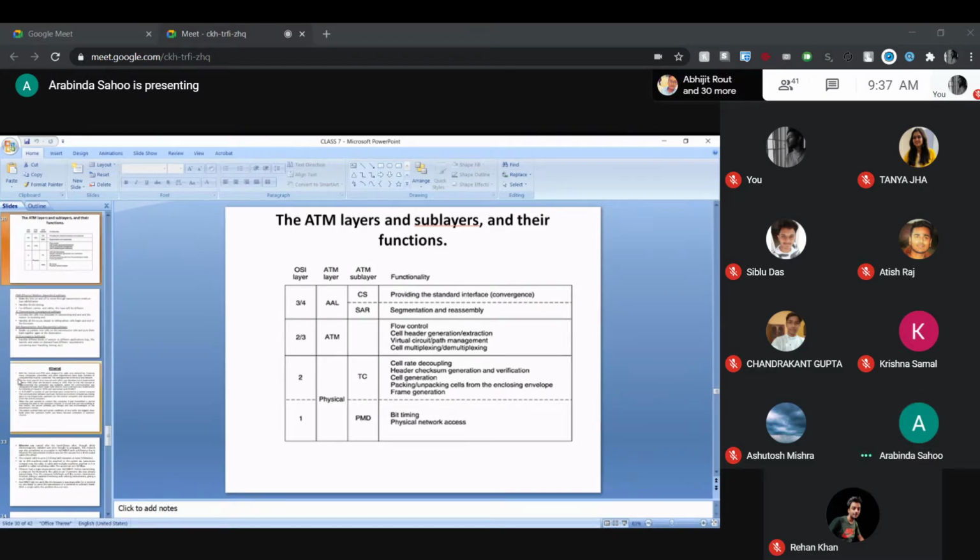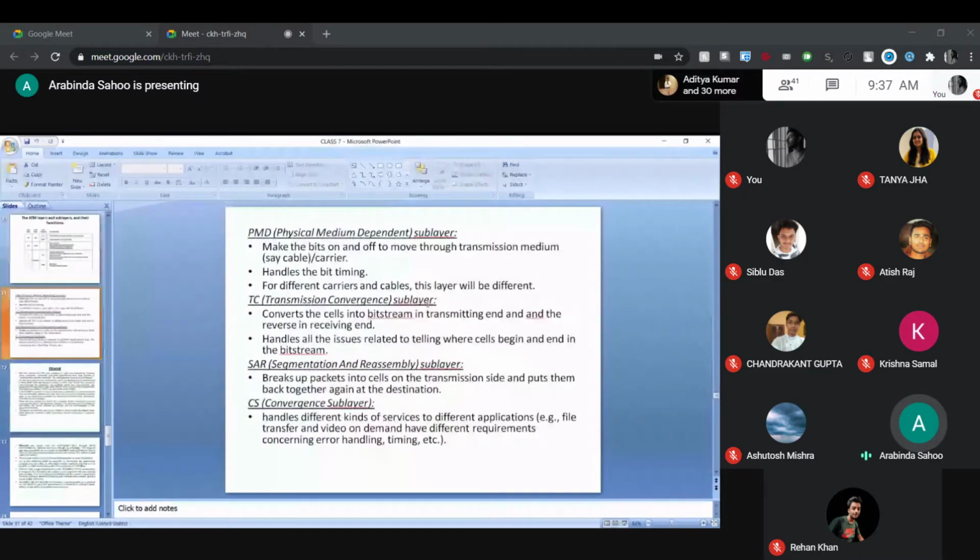First one, write down PMD, the physical medium dependent sublayer. What are the functions of the PMD?